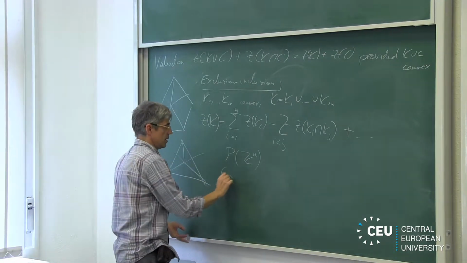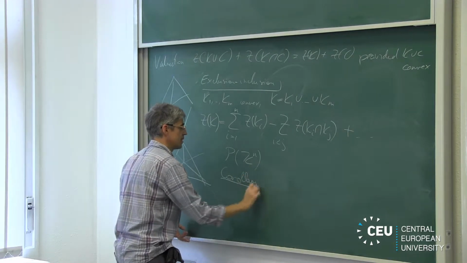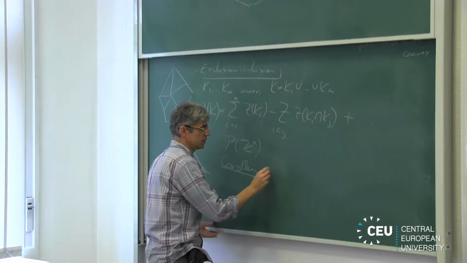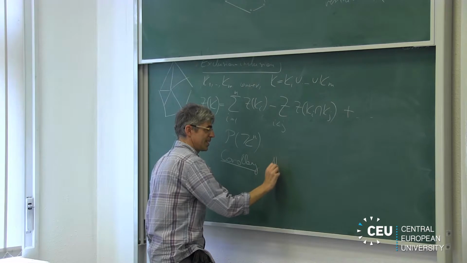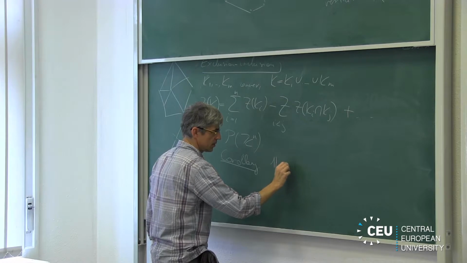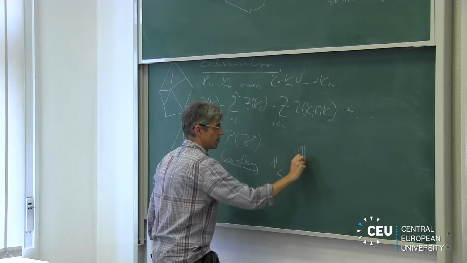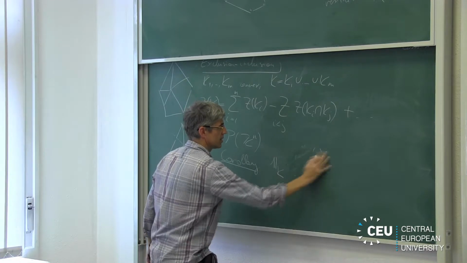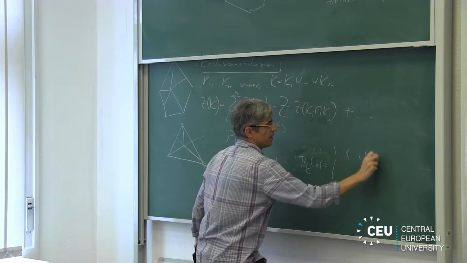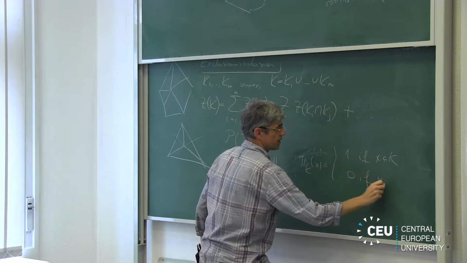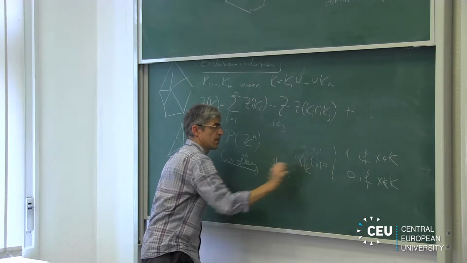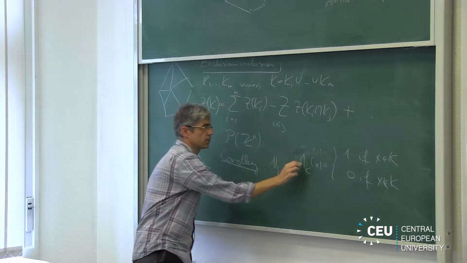This exclusion-inclusion principle has the following corollary. If you consider the characteristic function of the convex set, I write it like this, 1_K. 1_K(x) is 1 if x is in K, and 0 if x is not in K. So this is the characteristic function.